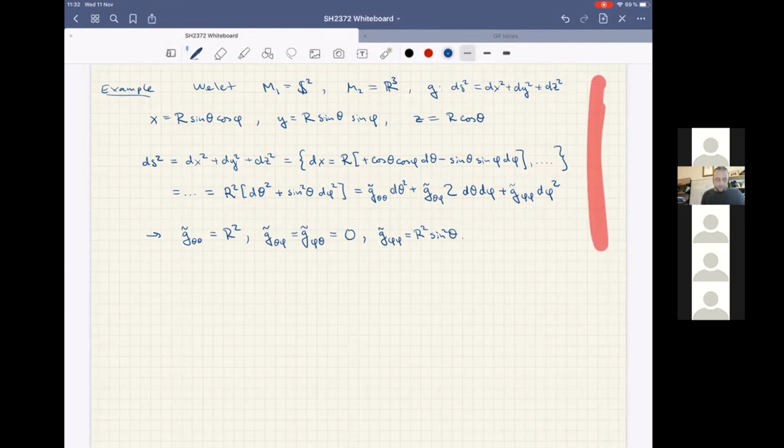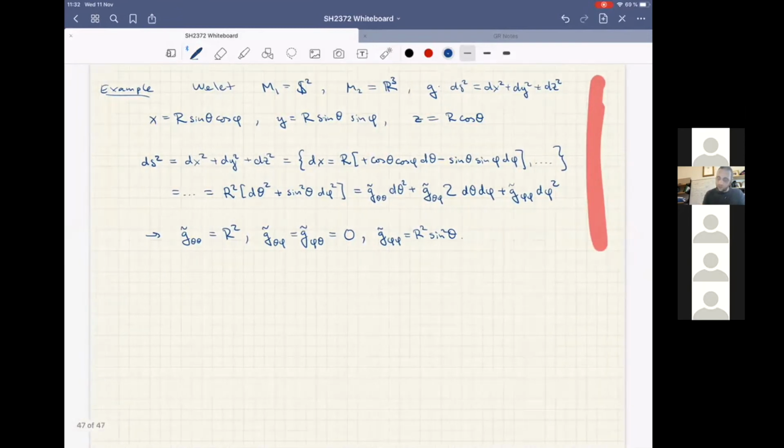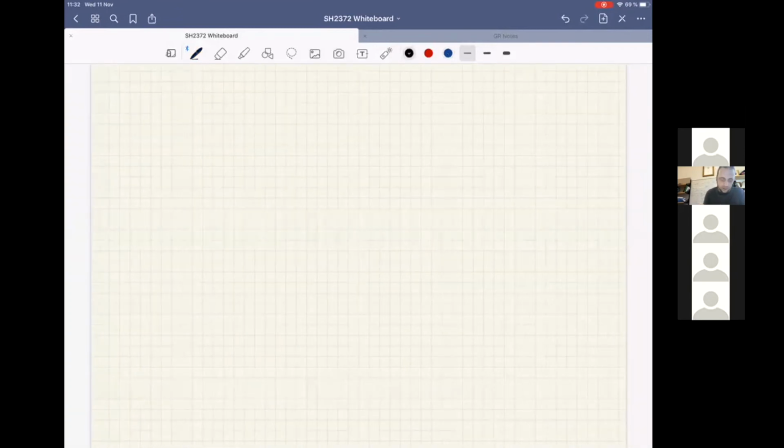Okay, so that's about induced metrics. Let's move on to what we can say about the curvature when we have this metric. The metric is clearly related to the geometry of this manifold.